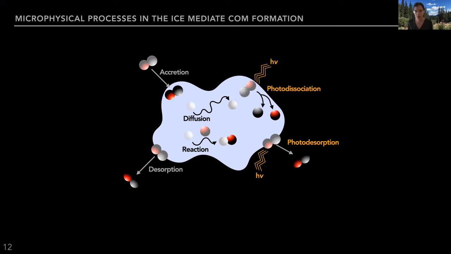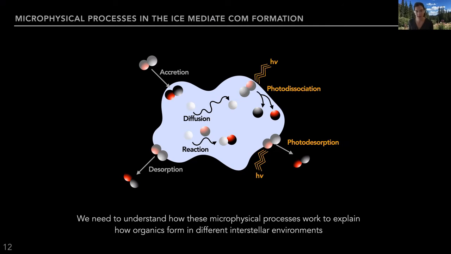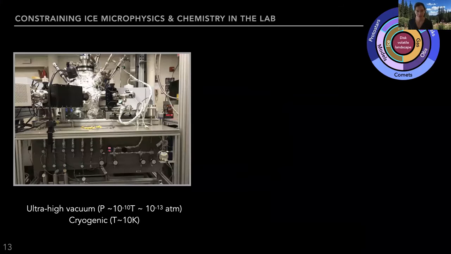And then there are also photo processes like dissociation and desorption that can be induced by the absorption of a photon. So we really need to understand how all of these microphysical processes work in detail in order to explain how organics are forming in different interstellar environments. Luckily, we have lab experiments that allow us to test just this.